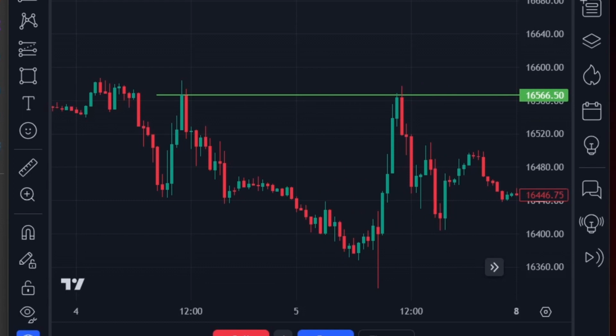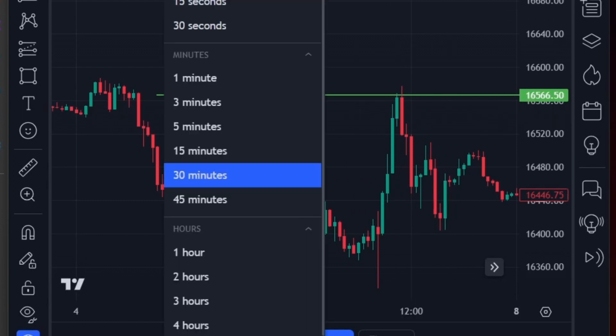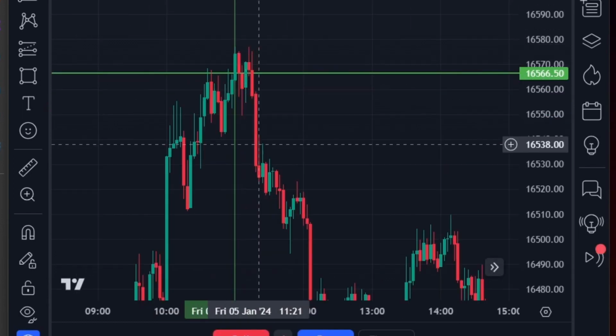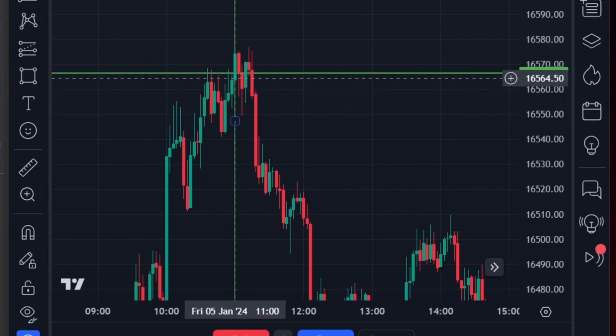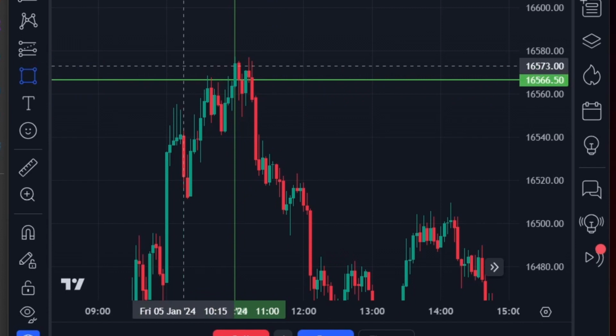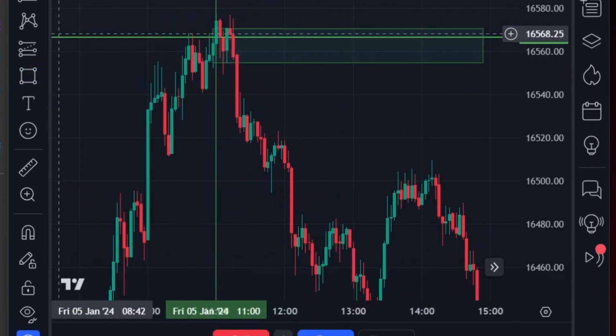Here, you'll be looking for displacement on the lower time frame below, and we have an order block here, and we would draw out this zone, we target.